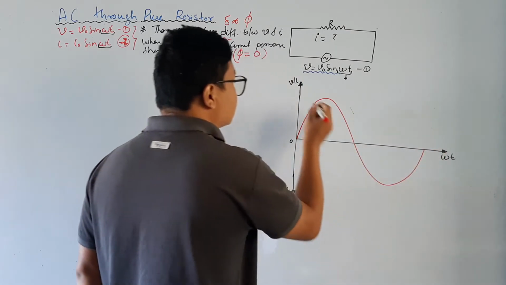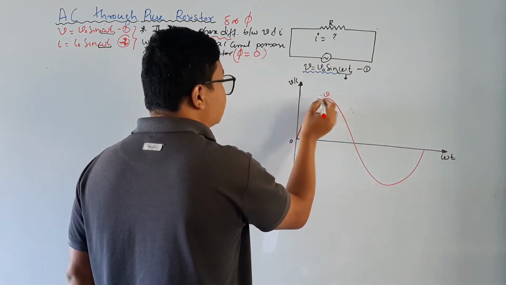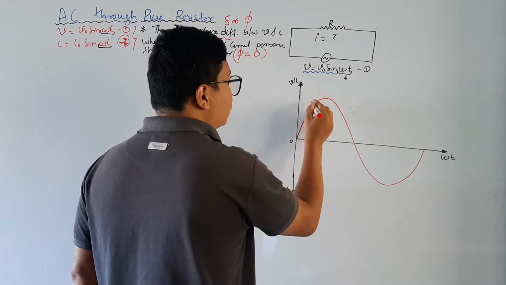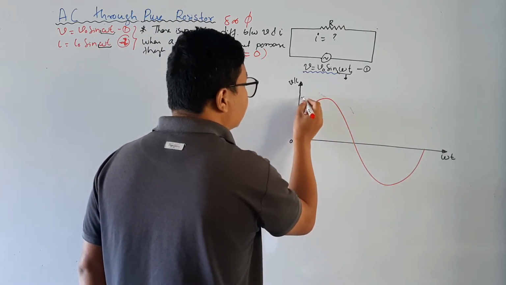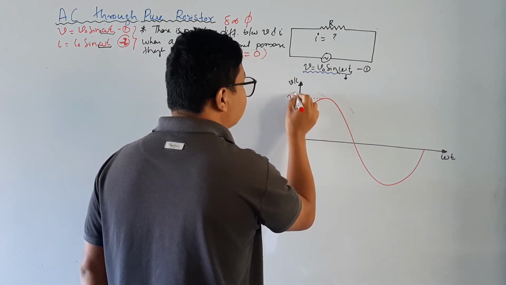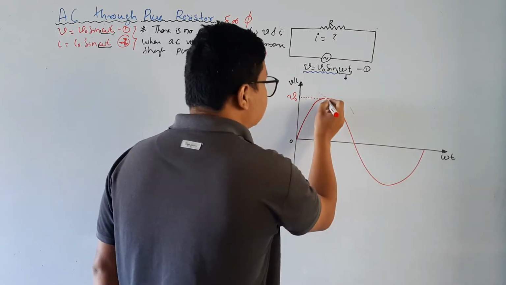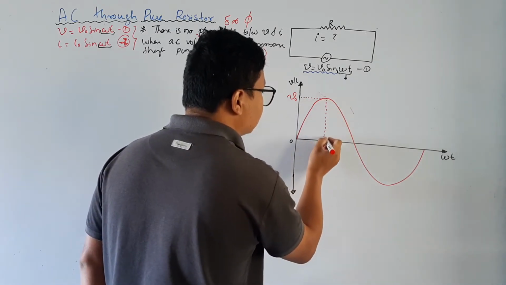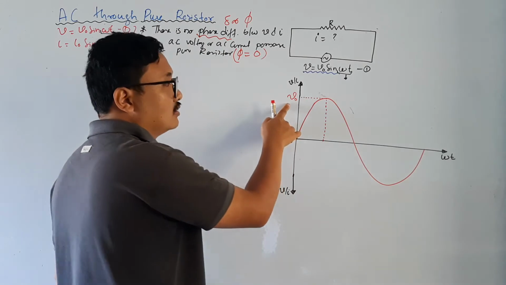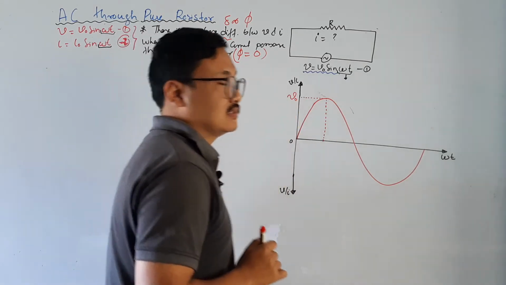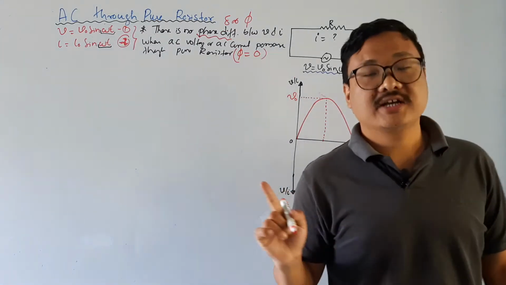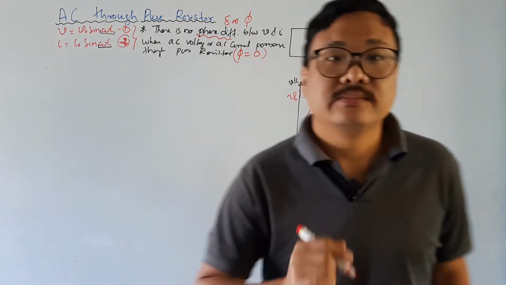So this red graph is my V, and this maximum value is V0. At this point, the value of voltage is maximum, that is V0. Red is for voltage.